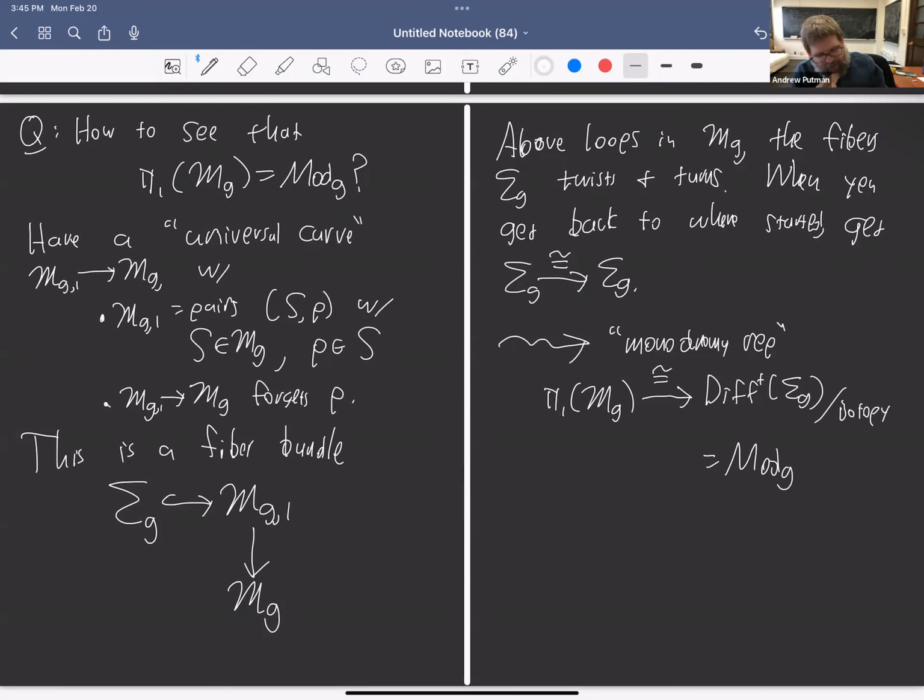That reflects the fact that Mg1, this universal curve, has a universal property. It's the universal fiber bundle whose fiber is sigma g. That's the topological model that you should have in mind when you're thinking about the cohomology of the mapping class group.